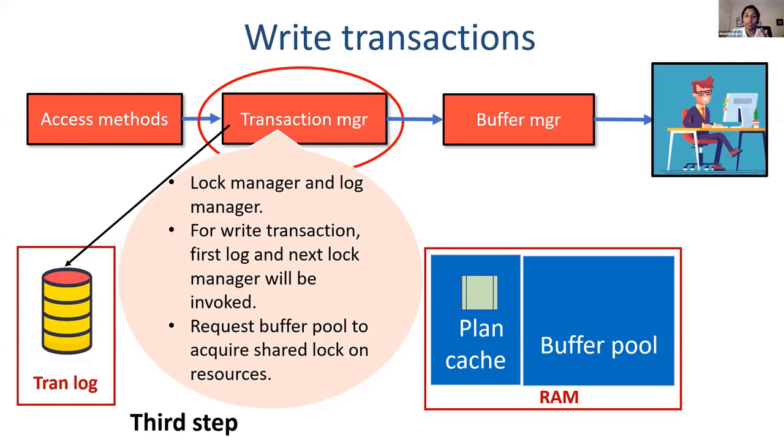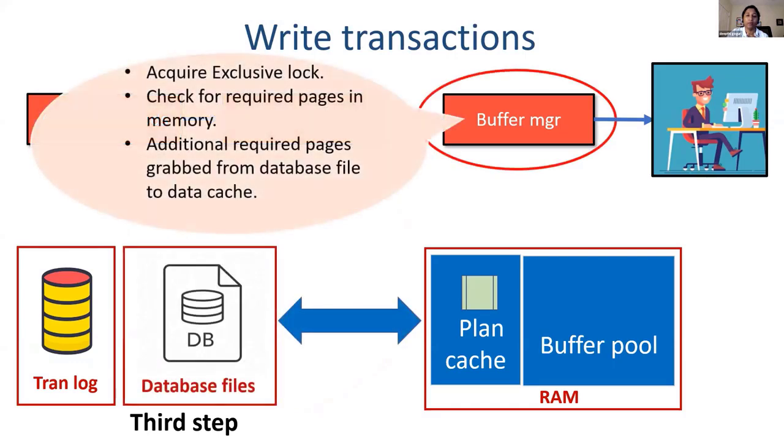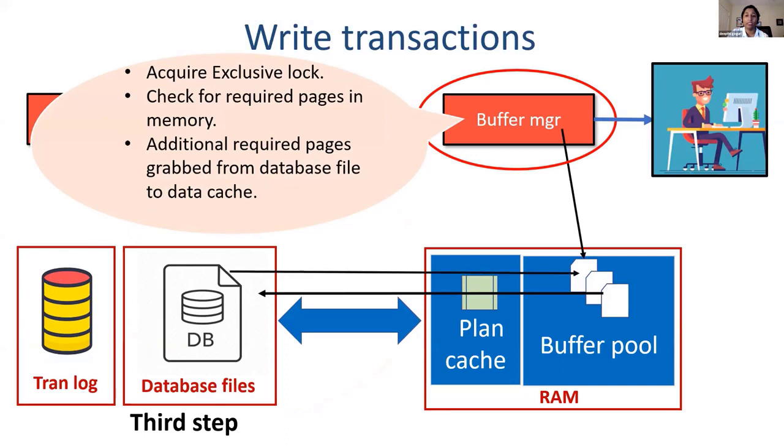Once the query goes to the buffer manager, it will put an exclusive lock on the resources it needs and check if all the pages it needs are in the buffer pool. If it doesn't have some or all of the pages, index pages or data pages, it will get those pages into memory, do all the modifications in the buffer pool, and send the success message to the user.